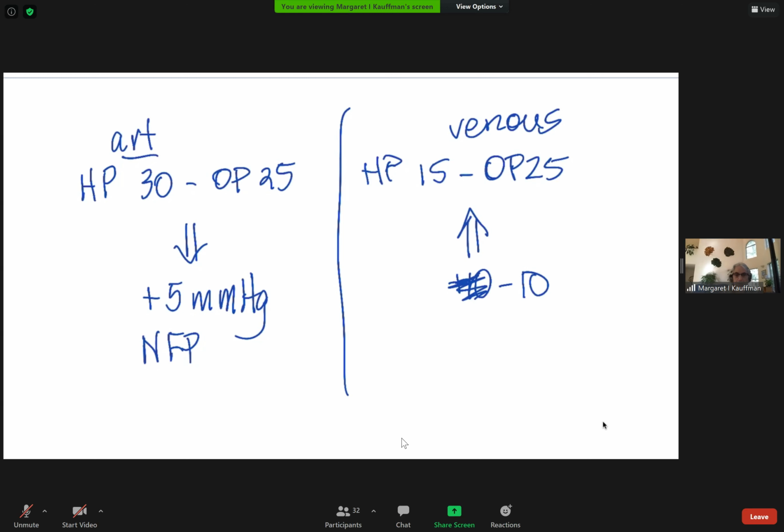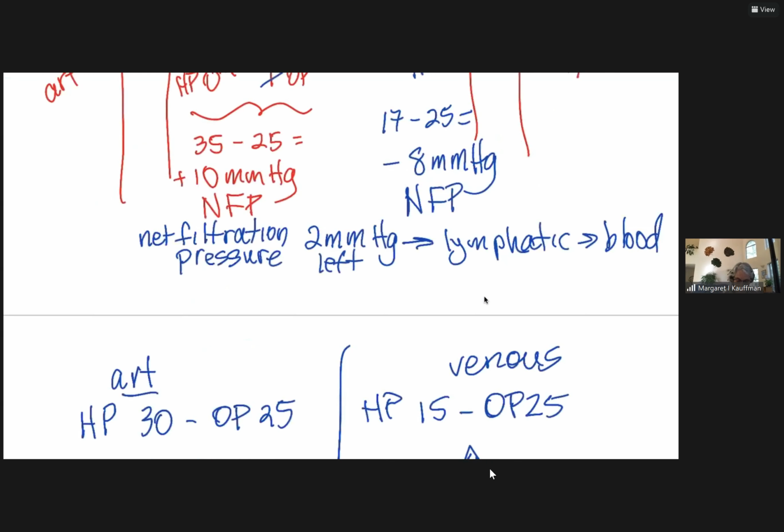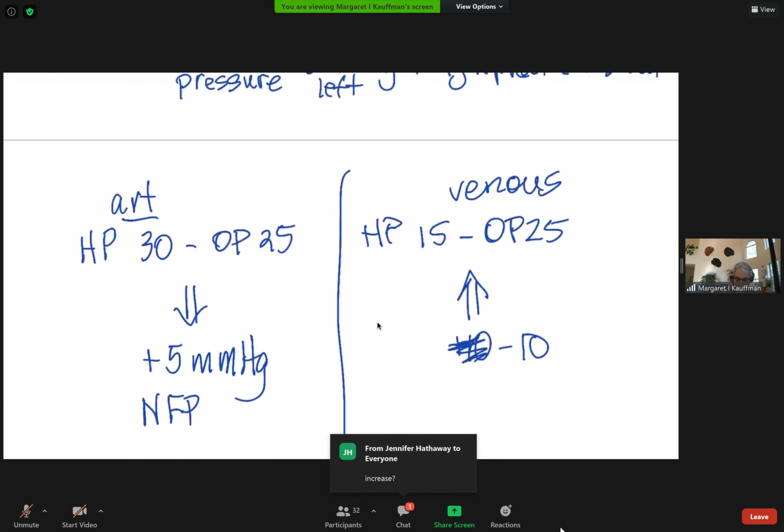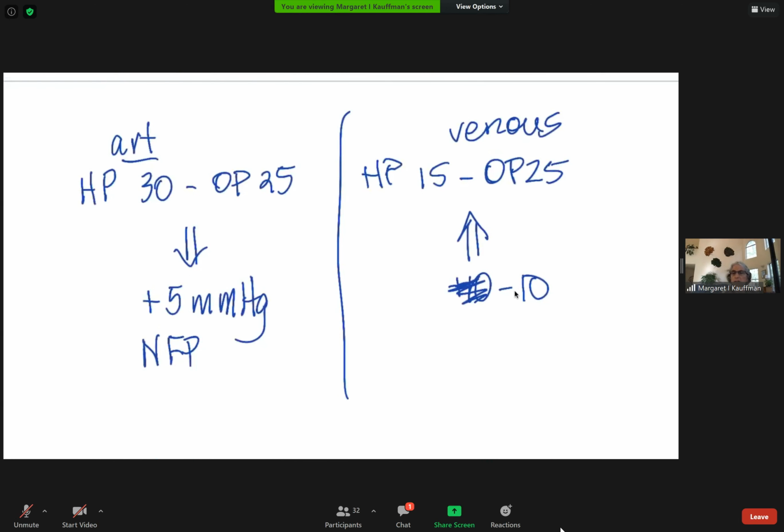So 5 came out, 10 goes in. Before we had 10 coming out and 8 going in, right? We left 2 behind. Down here, we have 5 going out and 10 going in.